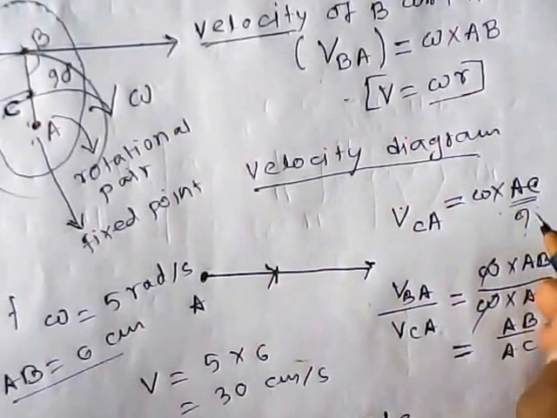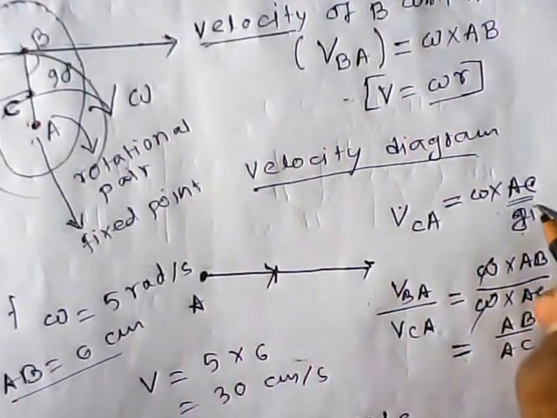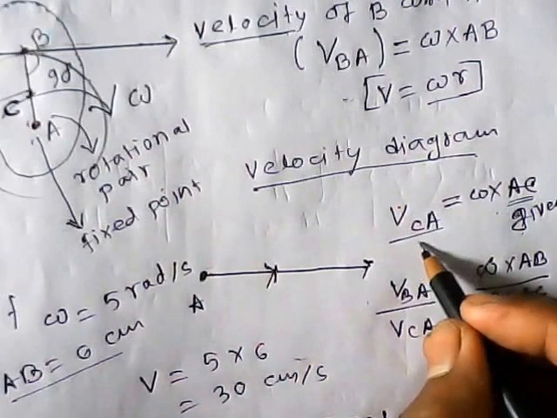Sorry, here AC is given, we have to find V of CA.